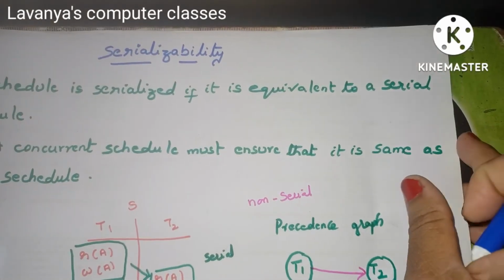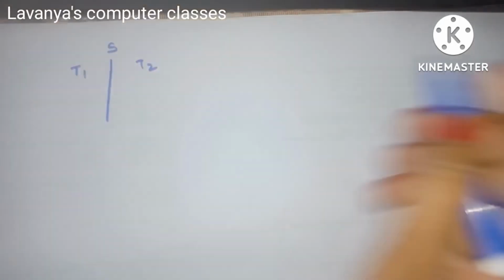In a serial schedule, there is no problem. Now, we go for a non-serial schedule. I will give one more example. This is the schedule S. Here, two transactions are there, T1 and T2.